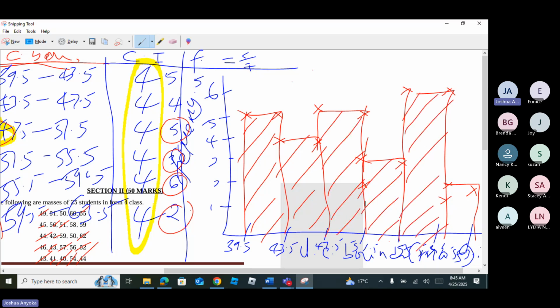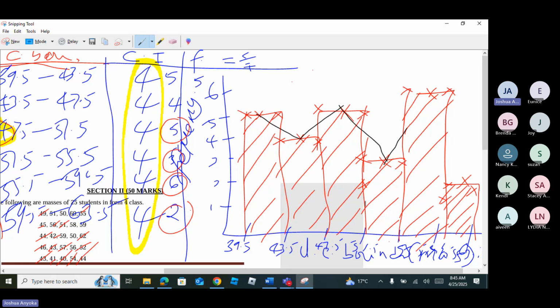Then we agreed that from the histogram, you can also find the frequency polygon. For the frequency polygon, we mark the midpoints of all the bars, and then we join using straight lines with a ruler.